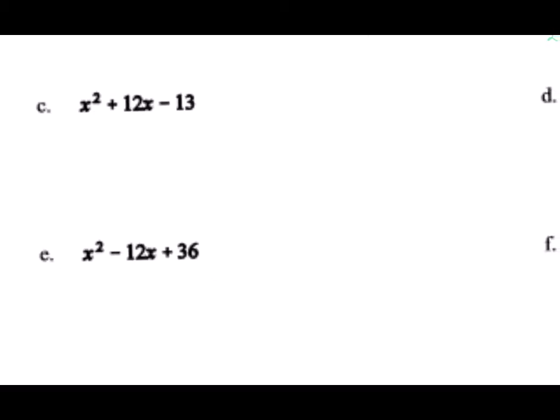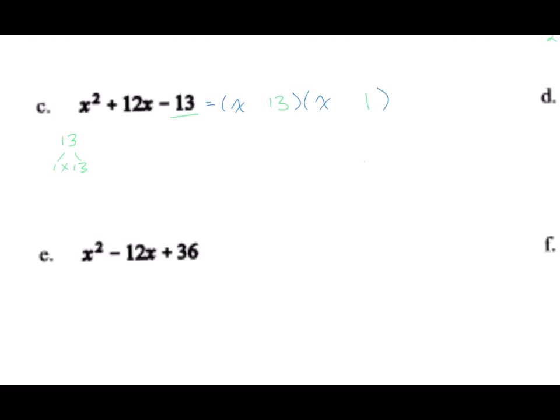We have x squared plus 12x minus 13. So, in this case, we need two numbers that multiply to negative 13. So let's figure out the multiples of 13. We just got 1 and 13. We're done. So let's write our brackets out. We're going to have x, and one of them is going to be 13 and one of them is going to be 1 inside our bracket.